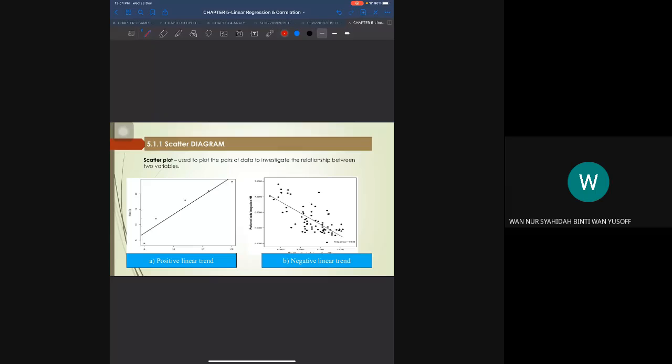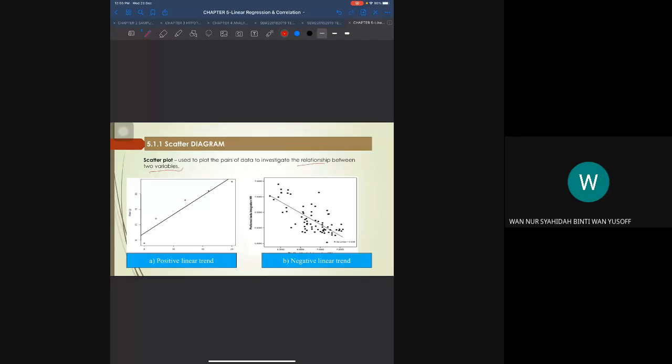A scatter diagram is one of the methods that we can use to investigate the relationship between variables. But what we have here is based on visualization, so to confirm that, we calculate the numerical value.